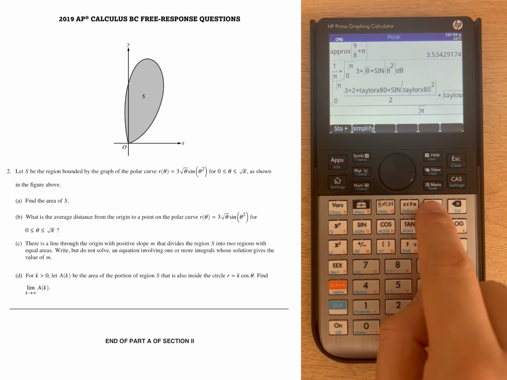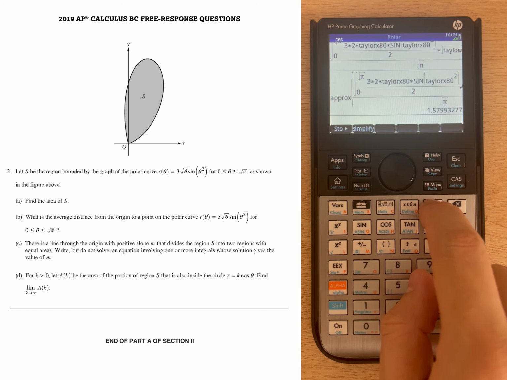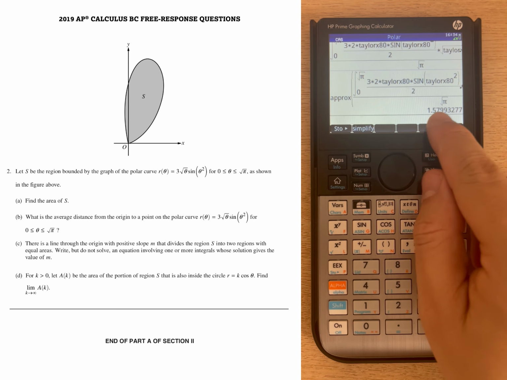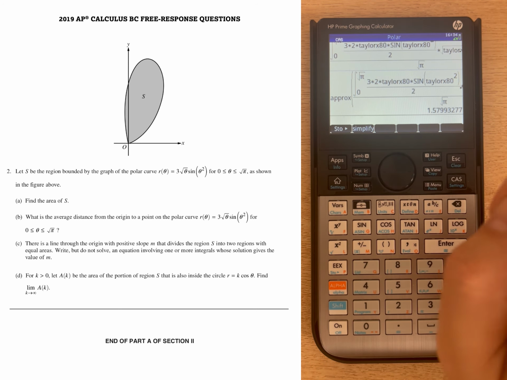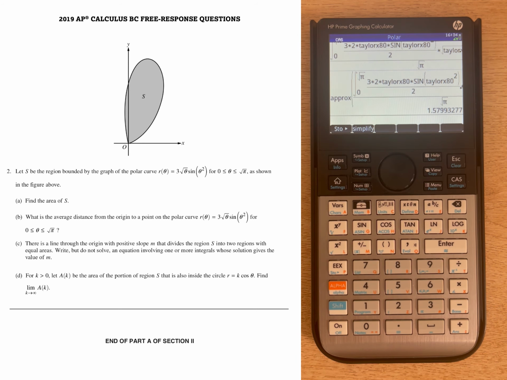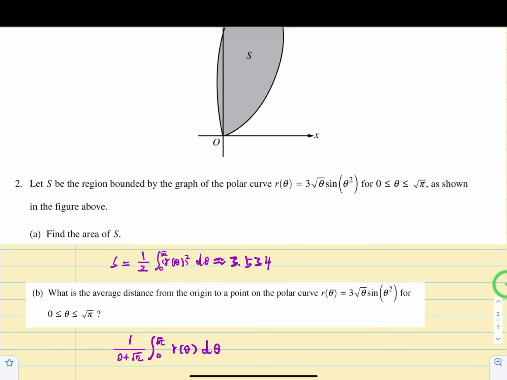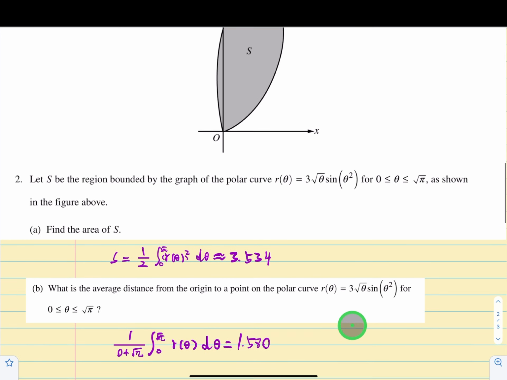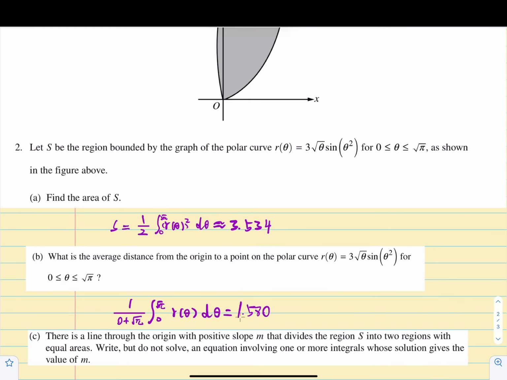We use this to get our approximation, 1.5799. If we keep 3 significant digits, it will be 1.58. So this is the answer, approximately 1.580, the average distance.